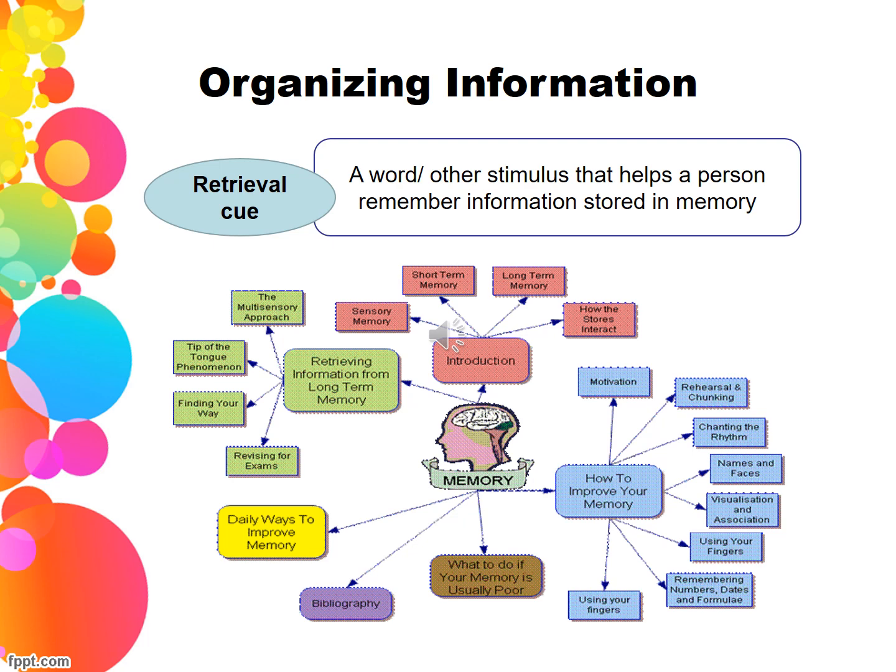When you use a mind map, it helps you categorize the information, and when you want to retrieve it, it will come out in the same pattern as your mind map. So organizing information is very important to help us record and retrieve it.